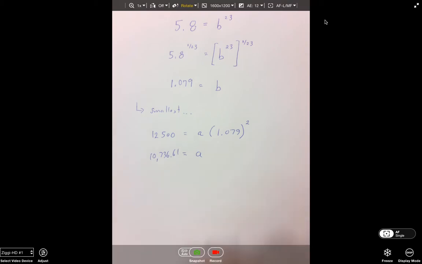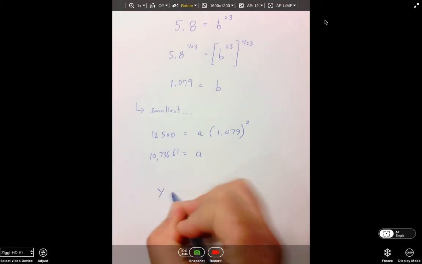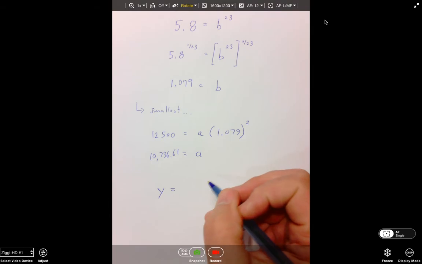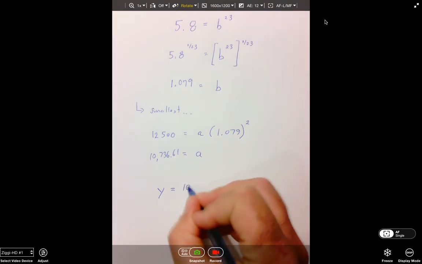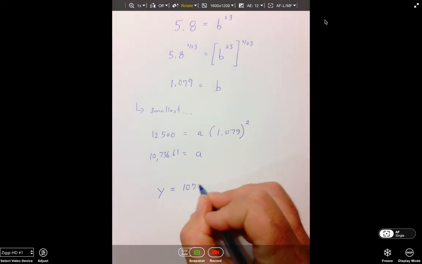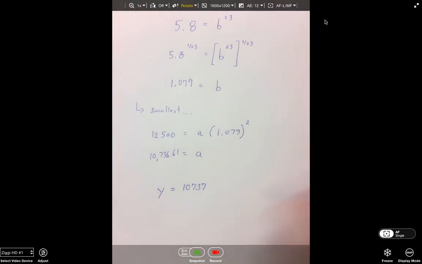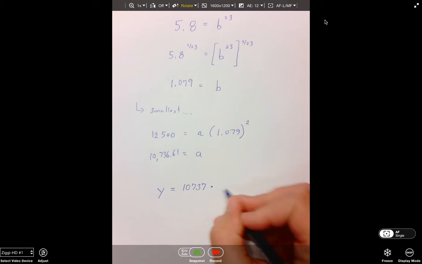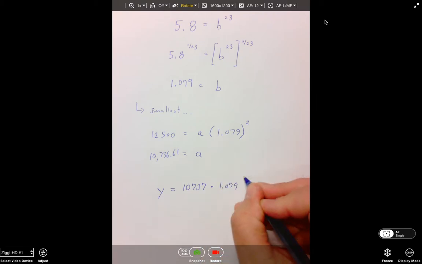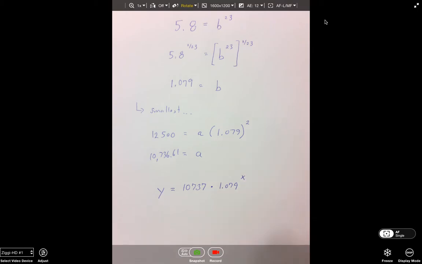So putting everything together, I know that my value, y, can be the a value, 10,737, times my b, raised to the x power.